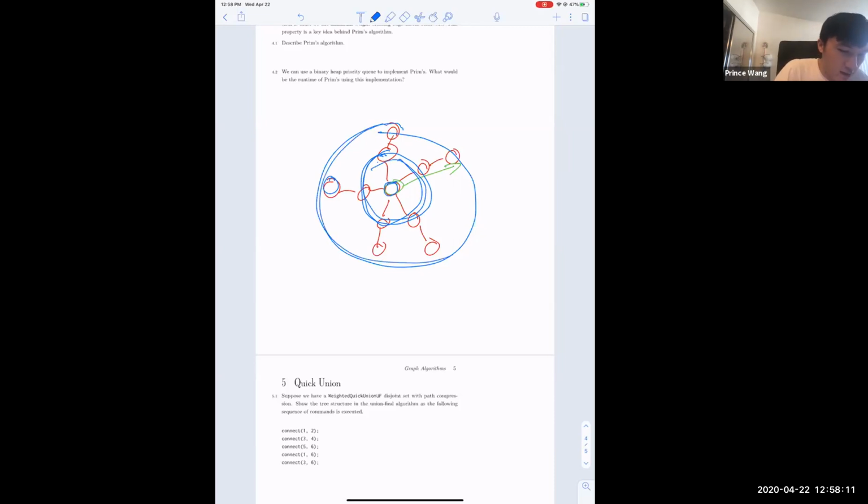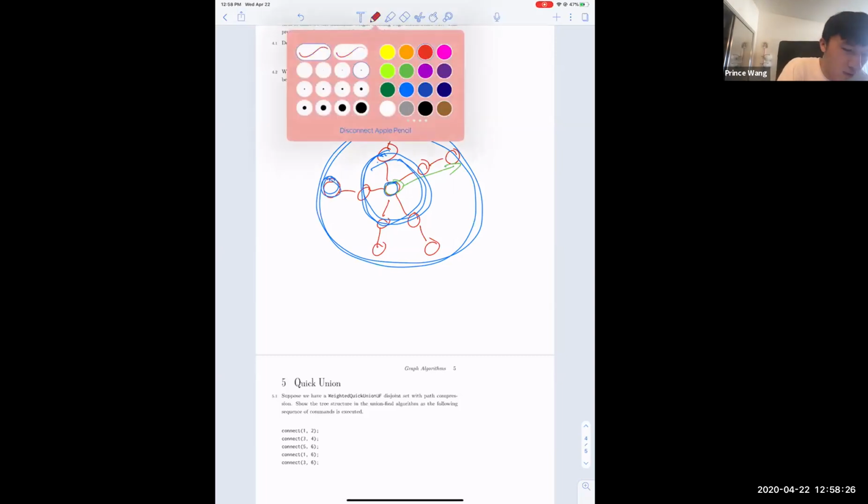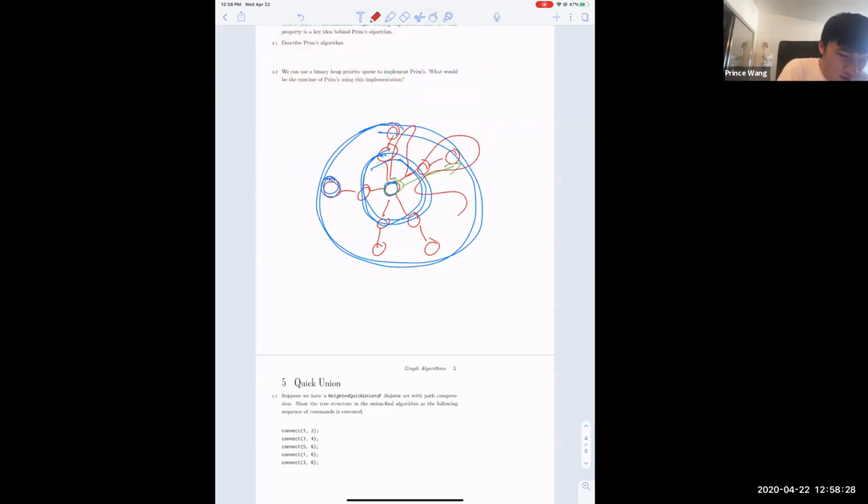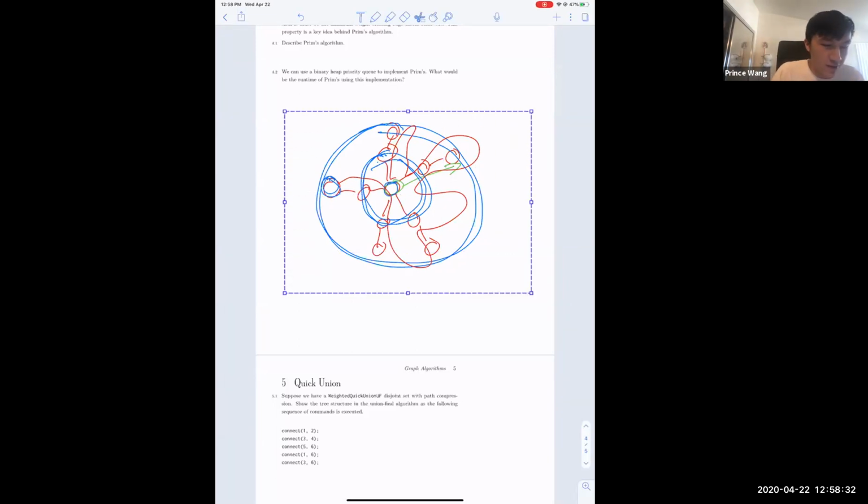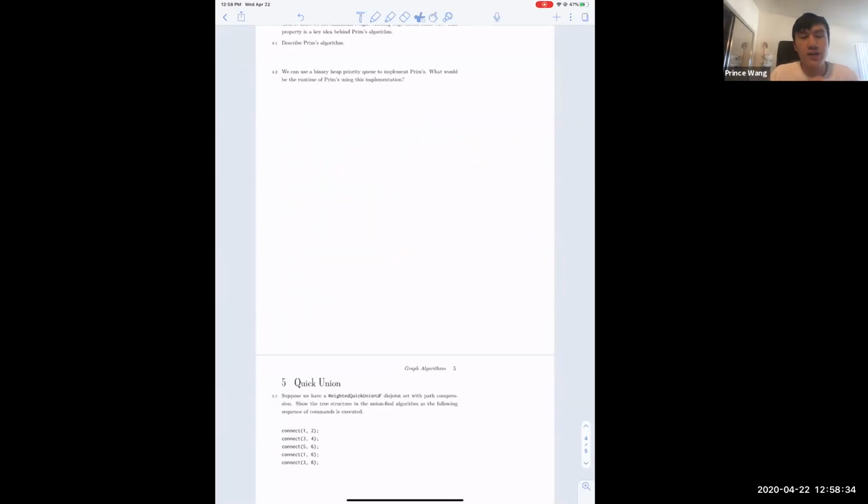And then you make sure that you're visiting them by distance, or number of edges away from the original node. So for any node that you visit, you're not doing extra work traversing all the way down like DFS, but rather you are visiting them by increasing number of edges.